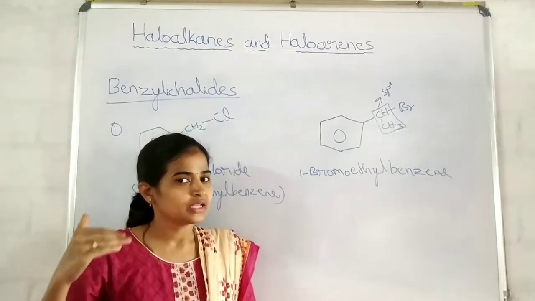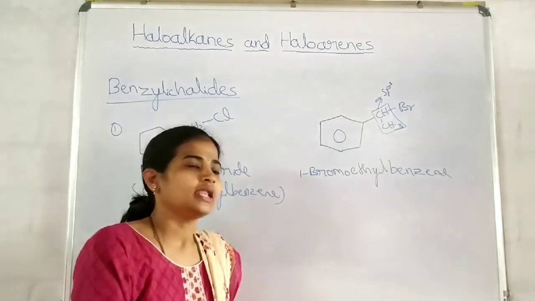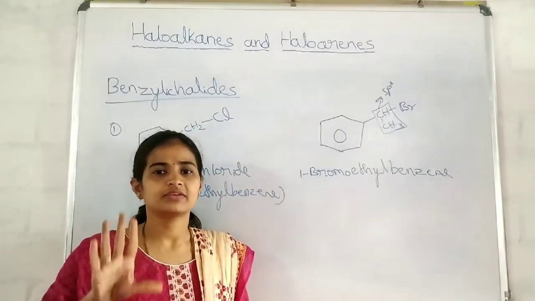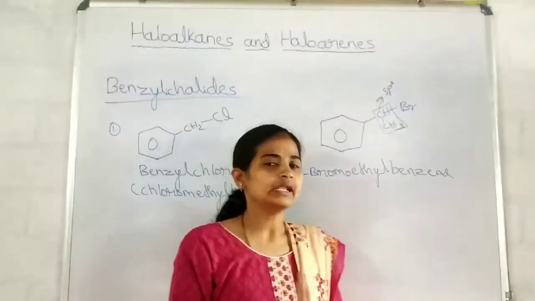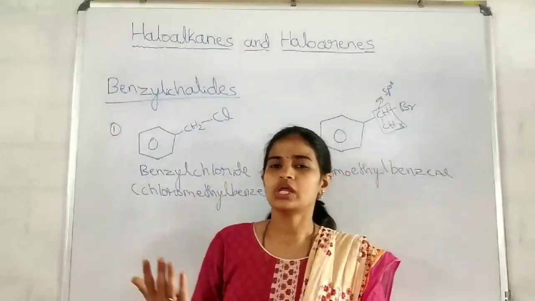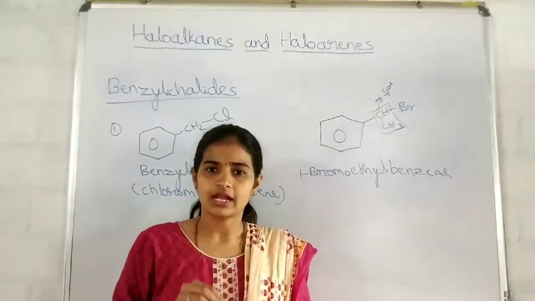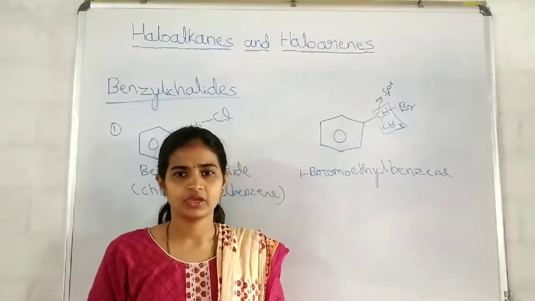Now, the sp3 hybridized carbon atom further classification: alkyl halide, allyl halide, benzyl halide. Alkyl halides are further classified as primary, secondary, tertiary. In my next video, we will discuss the halogen compounds in which the halogen atom is attached to an sp2 hybridized carbon atom. Okay. Thank you.